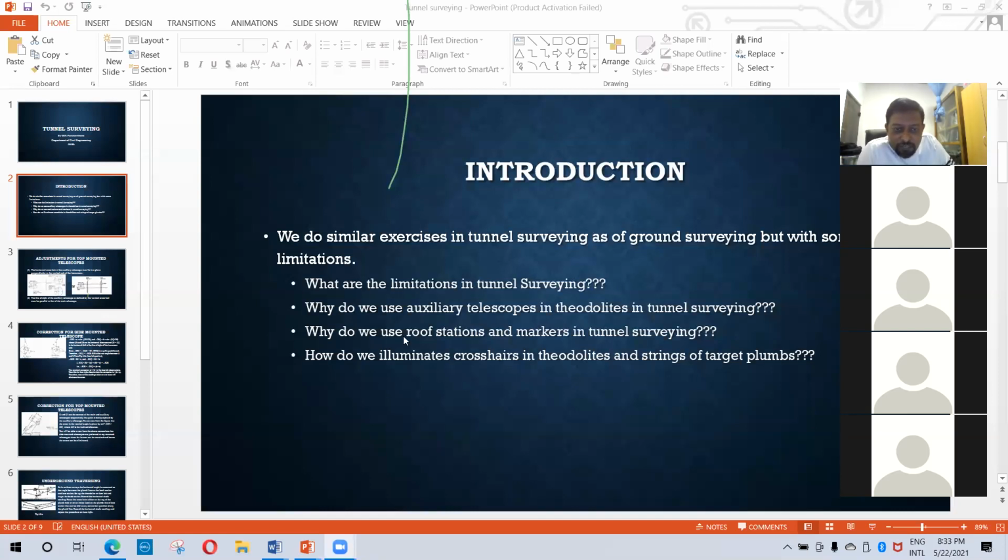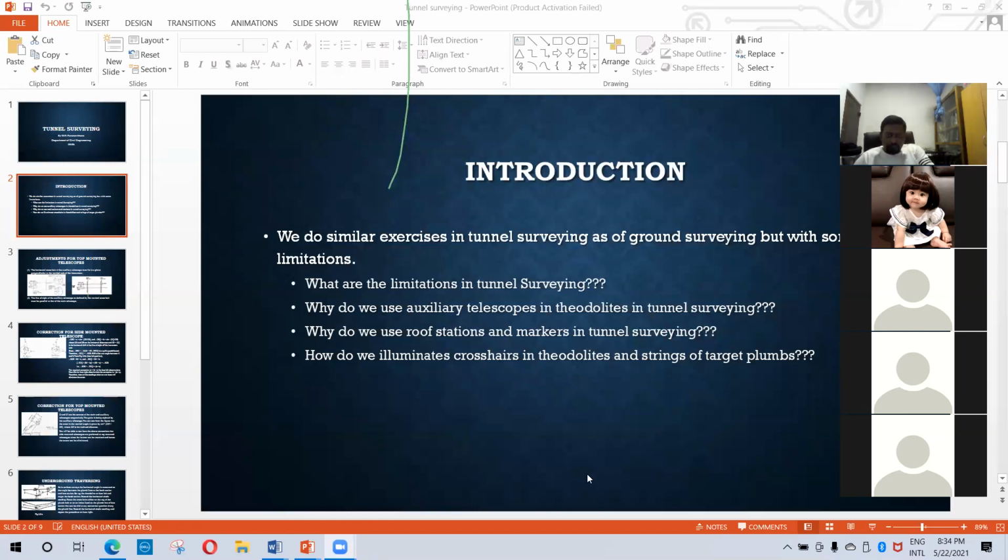Why do we use auxiliary telescopes in theodolites in tunnel survey? This is under section 3.3. Can you answer that question? Why do we use auxiliary telescopes?